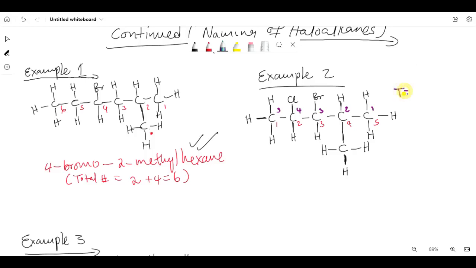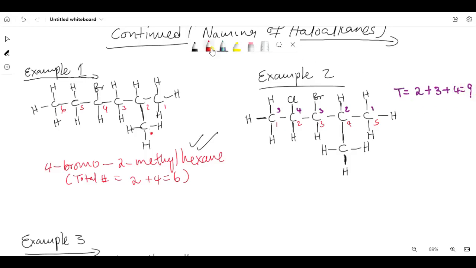The total from right to left would be the position of the methyl at carbon number 2 plus the position of the bromine at carbon number 3 plus the position of the chlorine at carbon number 4. That is 9.